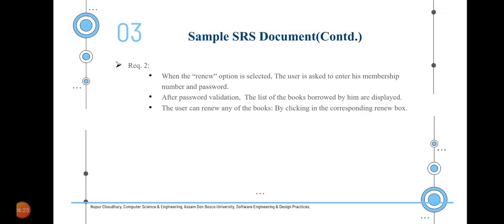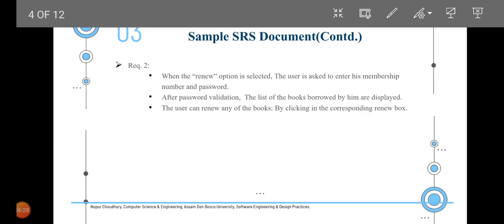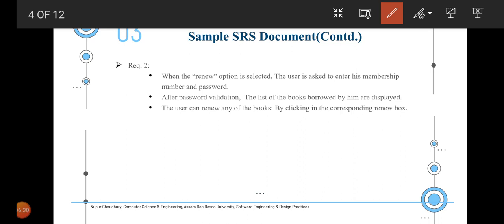Now moving ahead to the next requirement. Here the next requirement states that when the renew option is selected, the user is asked to enter his membership number and password. So the membership number and password will be the input, and after password validation, which is the process that is implemented over the input, the list of books borrowed by him are displayed.